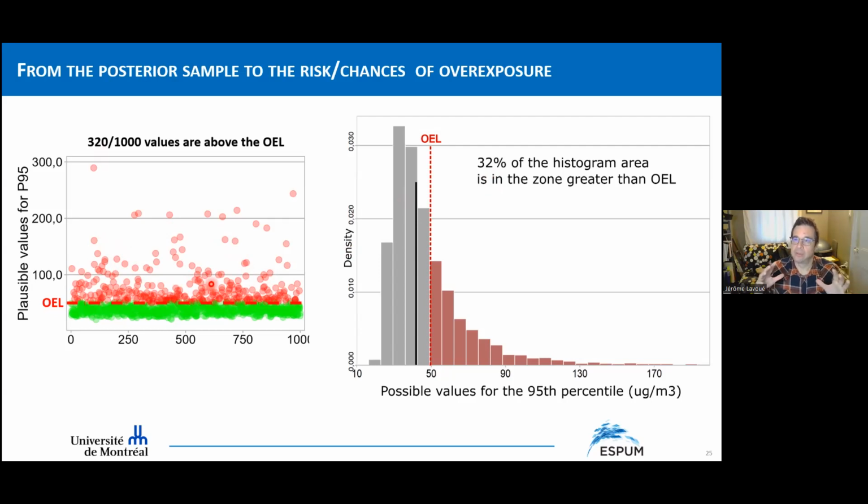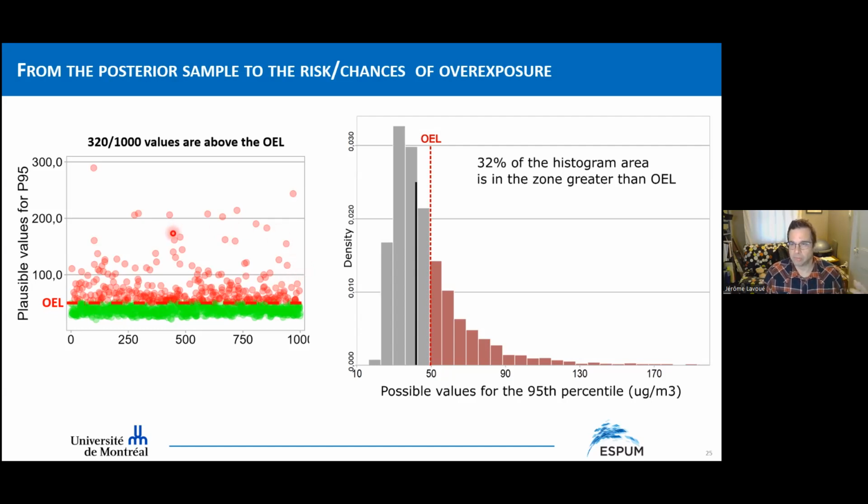So to say that 32% of the plausible values for my parameter are above the OEL, you can directly state that in the following way. You can say there's a 32% chance that the situation is unacceptable. That's exactly how you translate this calculation here into a statistical conclusion.